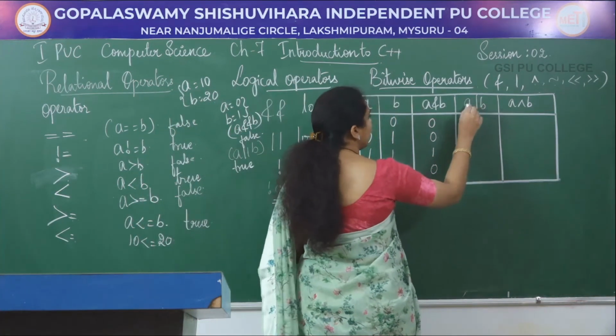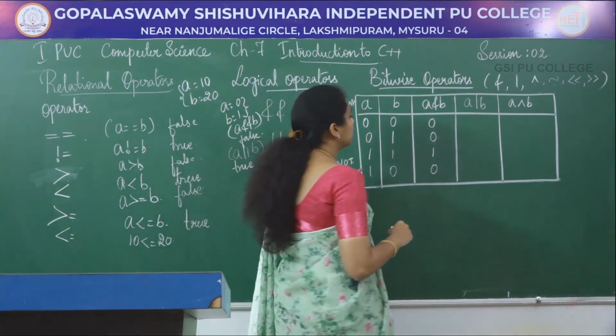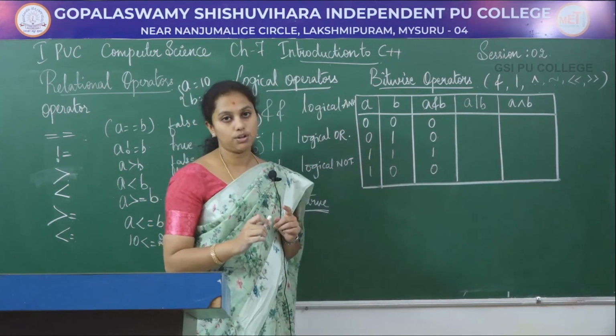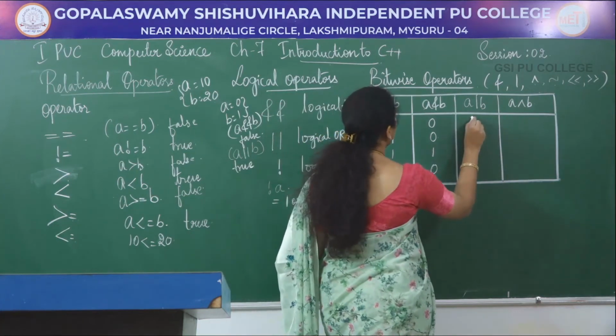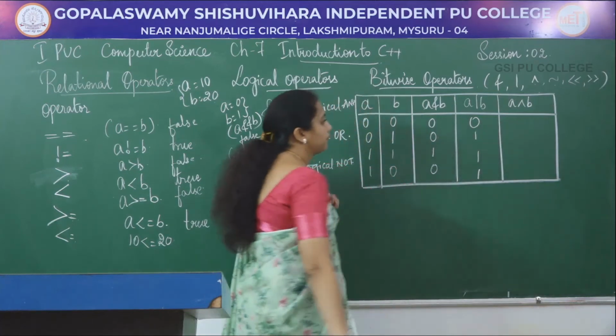When it comes to A bitwise OR B, which is nothing but if any one of the inputs is non-zero condition, then we can give the output as true. That is 0, 1, 1, 1.